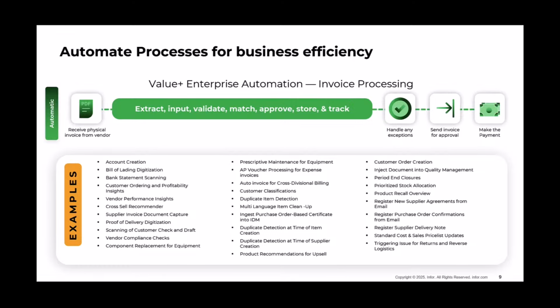It involves RPA and IDP, but you can see how if you were to do this manually, all these steps like downloading the attachment from the email and then uploading that document to IDM and keying in the attributes manually and creating a record in the ERP manually for all those attributes. It's a lot of repetitive duplicate tasks, and it's also very error prone.